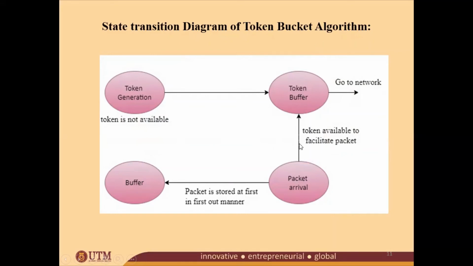If a token is available in the token buffer, the packet is served and goes to the network. On the other side, the packet is stored in FIFO manner, first in, first out, in the buffer.